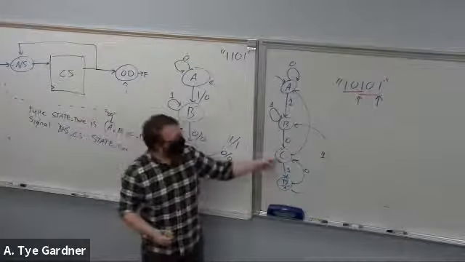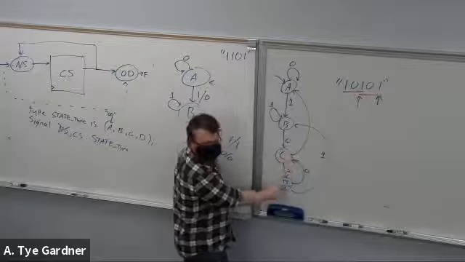A really good thing to do in these sequence detectors is, when you're done, first go back and find these examples, the overlapping, and make sure they work: 1, 0, 1, 0, 1.